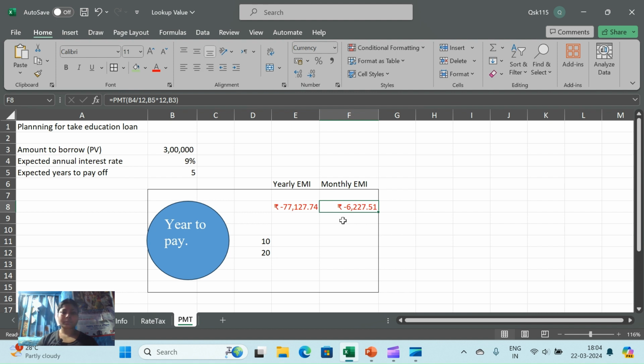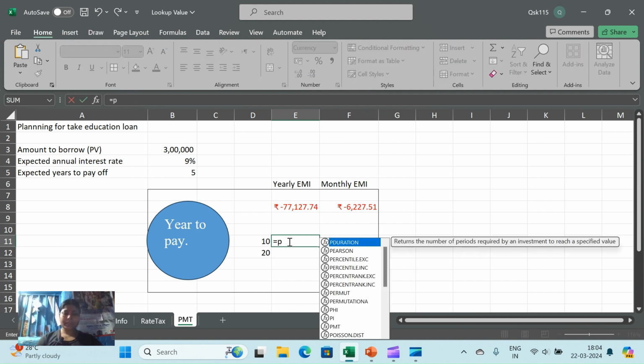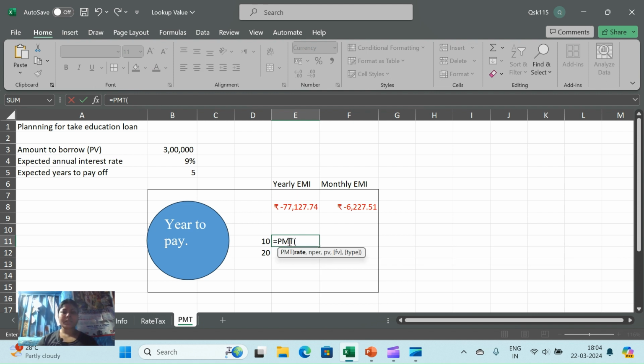Got it? And suppose we took a loan of 3 lakh, and we have time to pay over 10 years. Okay, so how will we find the answer? Similarly, we need to press equal to PMT tab, select your rate of interest from here. Now the number of years. Earlier we selected 5 years, but now we need to select 10 years from here.